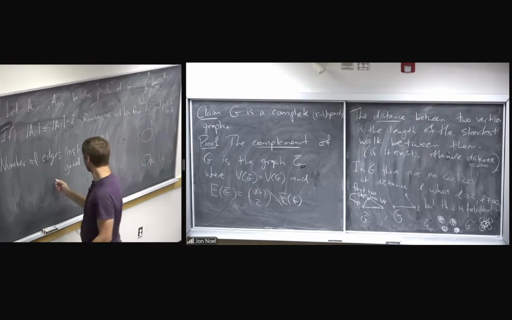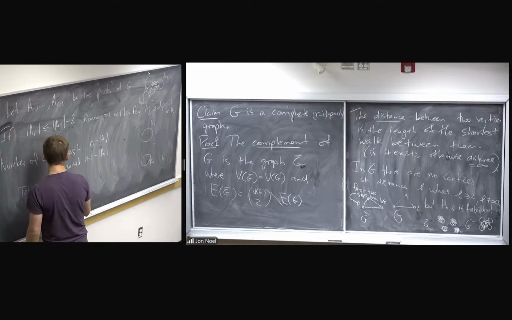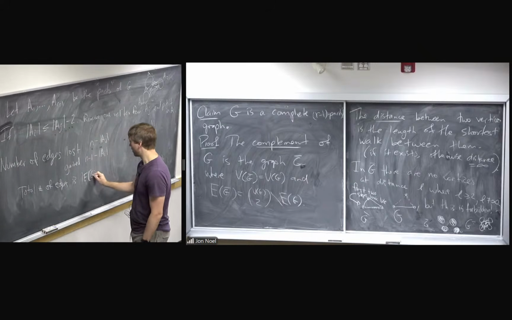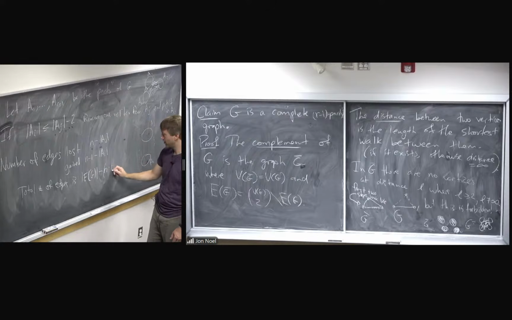So in total, the number of edges at the end is how many I had before, minus n minus AJ, plus n minus 1 minus AI.